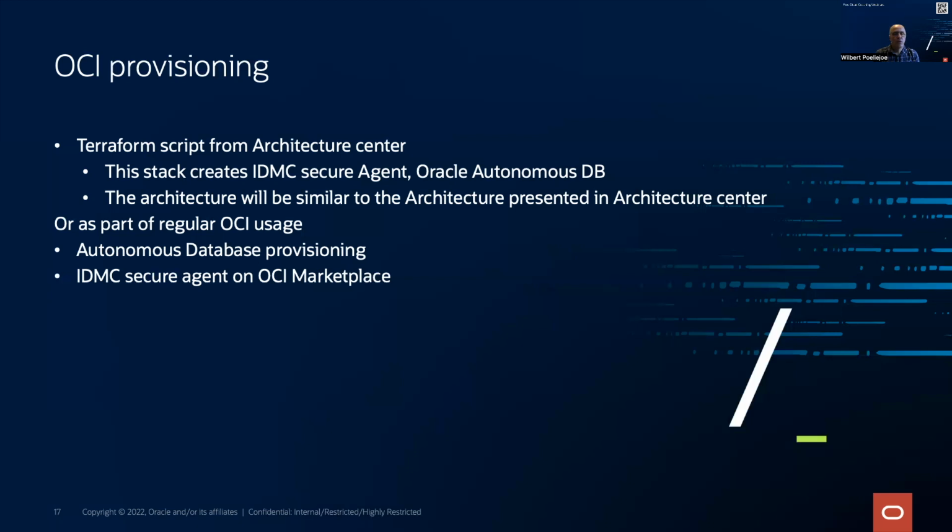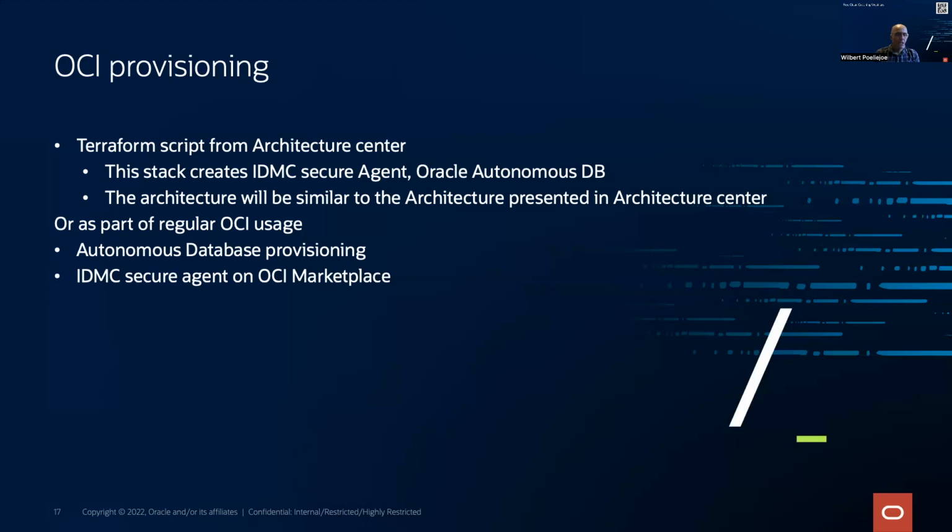Another way of provisioning is to do that manually within OCI. We already have quite a few of those components provisioned for other purposes, for other workloads, but from that, it's also possible to provision an autonomous database manually, and to provision an IDMC secure agent manually from OCI Marketplace.